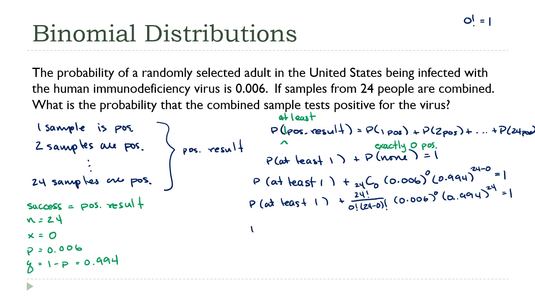So now what do I have? I have the probability of at least 1 plus, if 0 factorial is 1, 24 minus 0, that's 24. This is 24 factorial divided by 24 factorial. That's just 1. 0.006 to the 0 power is 1.